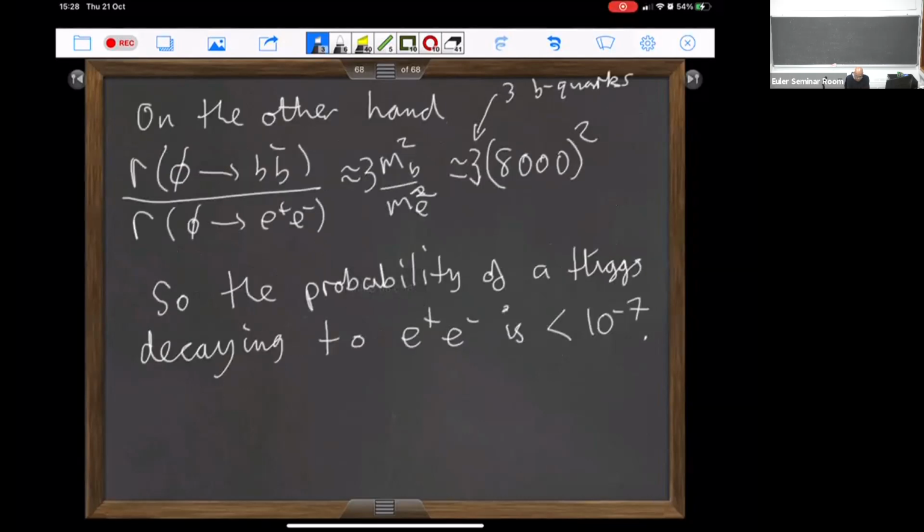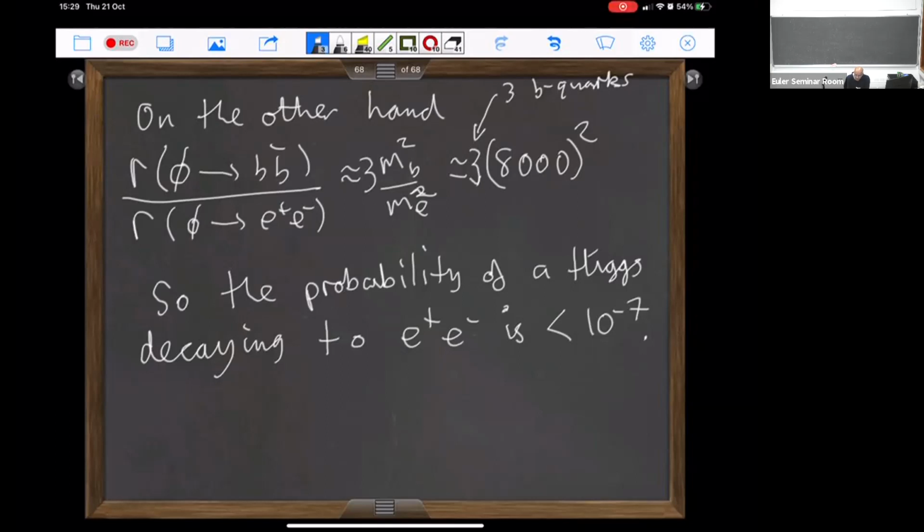But the ratios of the fermion decays are just controlled by the ratios of the Yukawa couplings squared, which is the same thing as the ratios of the square masses. Just to bring in the symmetry structure of the standard model, the ratio of phi to b b-bar compared to phi to e plus e minus is not just the ratio of the masses, but there's a factor of 3, because there are 3 b quarks, but there's only 1 electron.